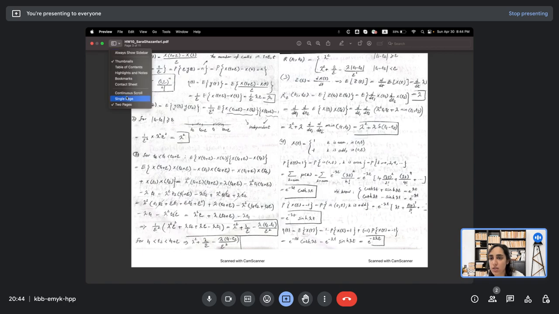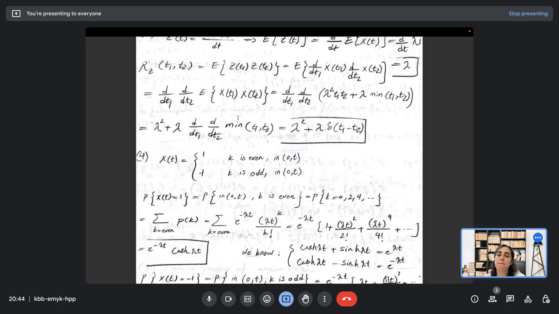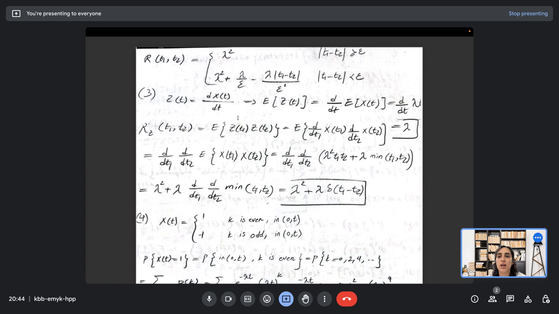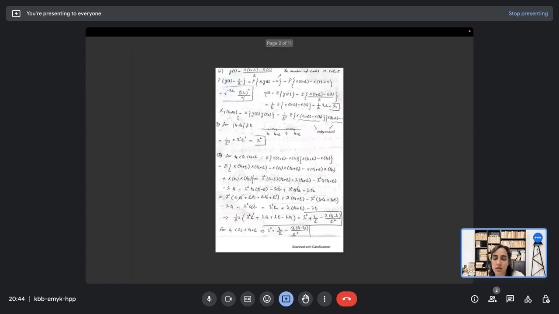And so we calculated the probability distribution function, autocorrelation, and mean for the Poisson process.